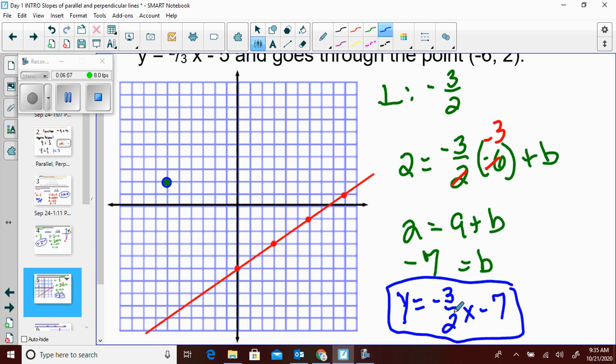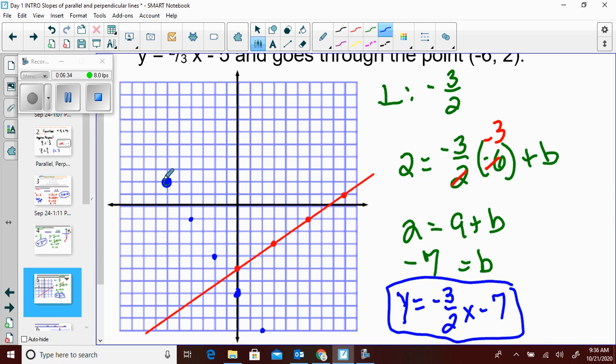This line here should be perpendicular to this red line. So let's start at -7. 1, 2, 3, 4, 5, 6, 7. Down 3, right 2. I cannot go down and right anymore, so I'm going to go up and left, repeating down 3, right 2 the same way.